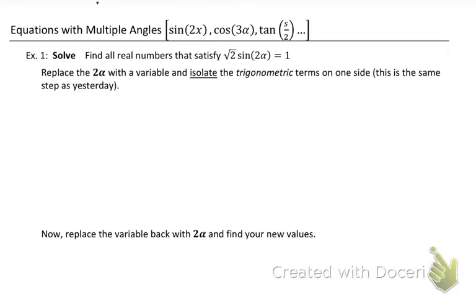What's going to throw you for a loop, though, is sometimes these. If we look here, it's not the alpha that should throw us, it's the 2 in front of the alpha. So the question is, find all real numbers that satisfy square root of 2 sine 2 alpha equals 1.